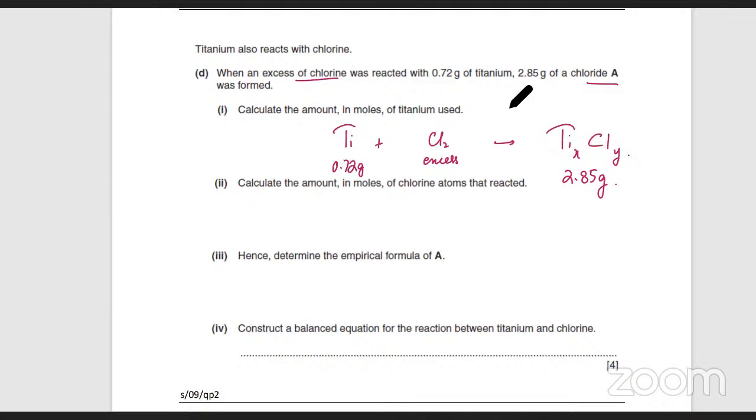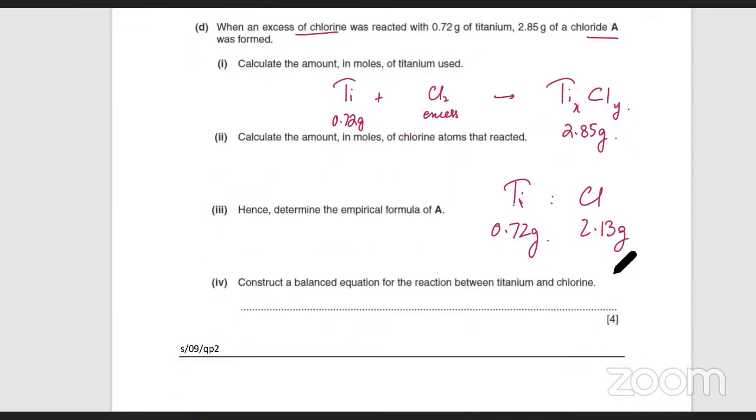That's given, 0.72 grams. So Cl is 2.13 grams, the rest of it.